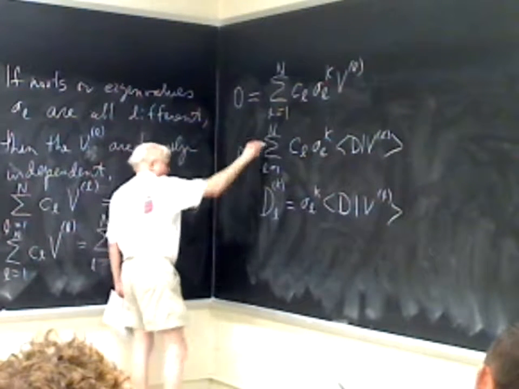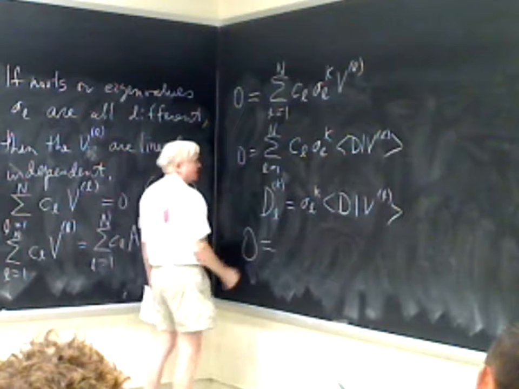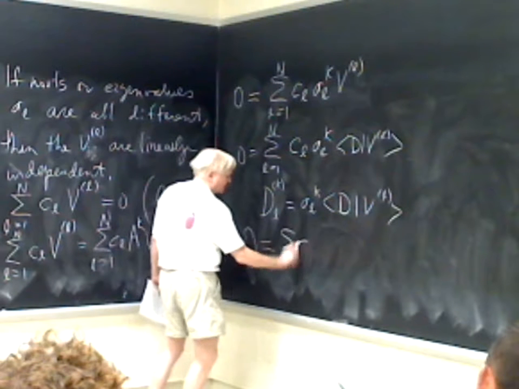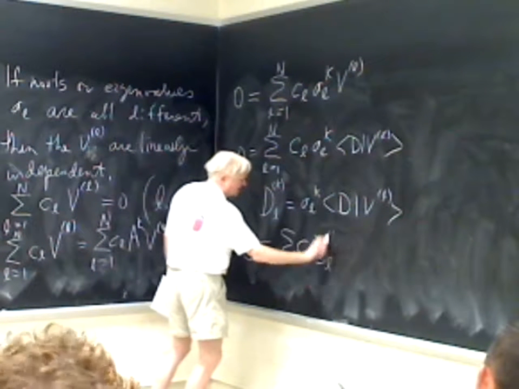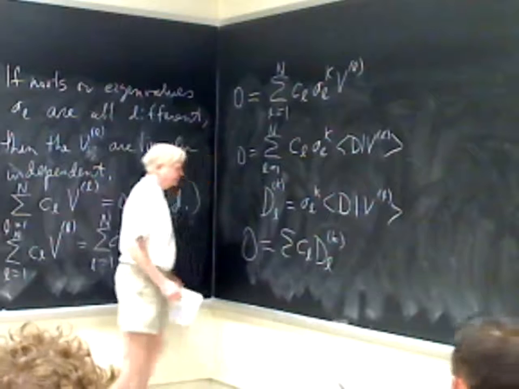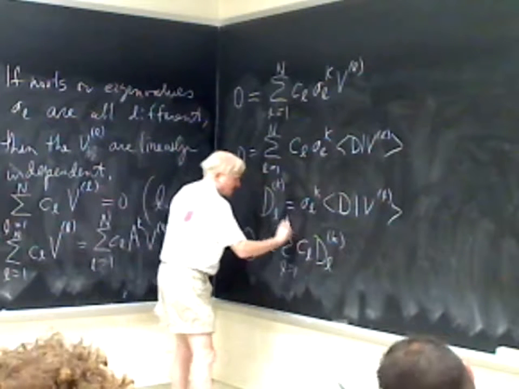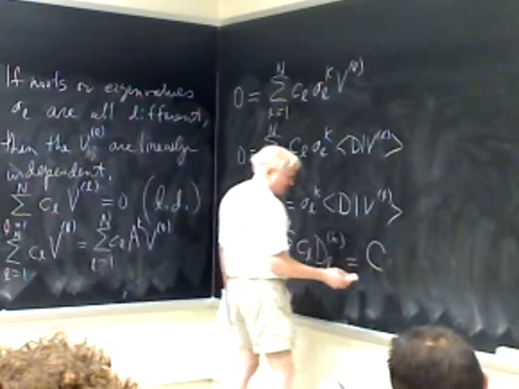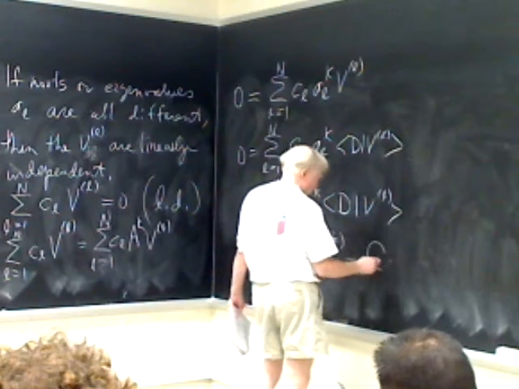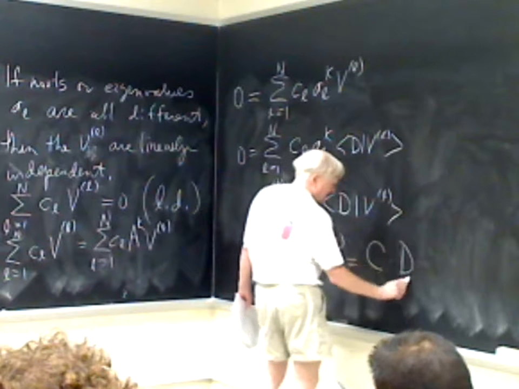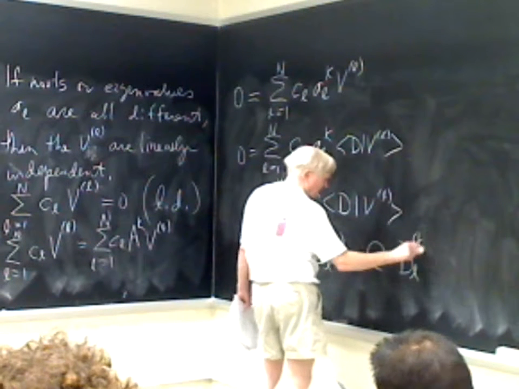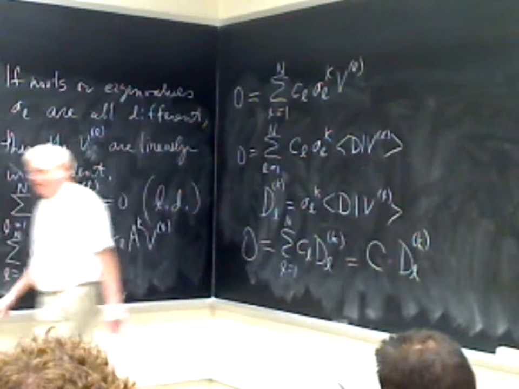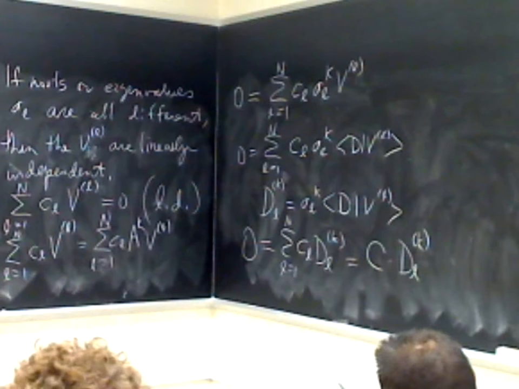Then this vector equation is 0 equal to the sum of c_L d_L,k, L equals 1 to n, or effectively it's the dot product of c with d_k. I'm sorry, c dot d_k is 0.